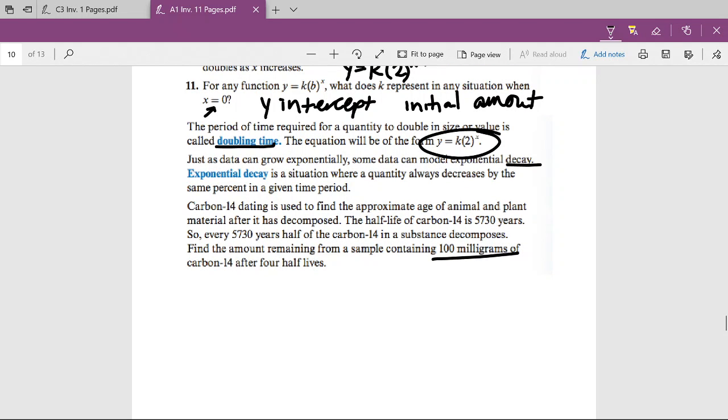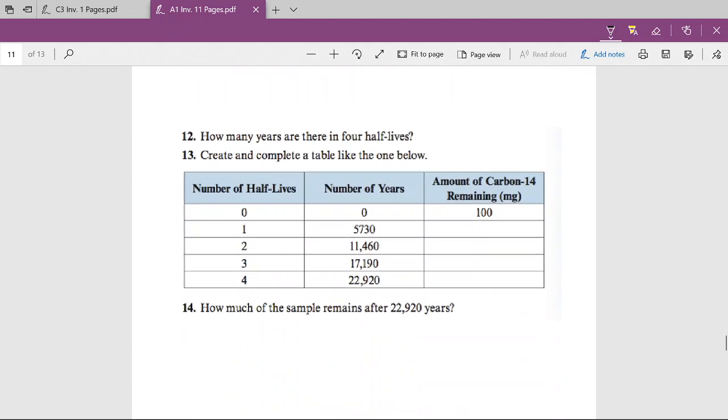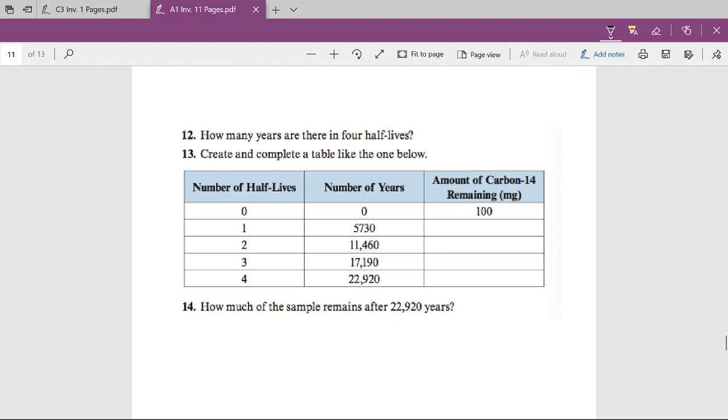After 4 times, we went this 5,730 years. So how many years are there in 4 half-lives? Well, that would be 4 times our half-life here of 5,730 years. We have it right here, 22,920. So let's find the amount.